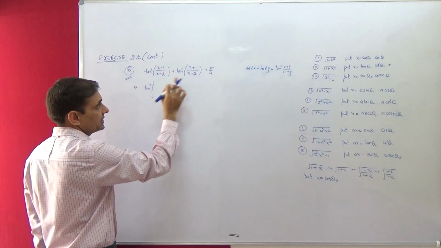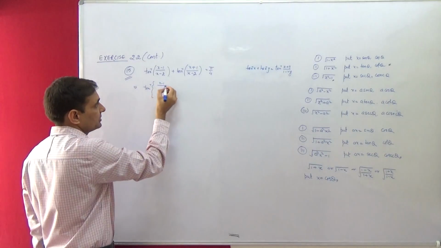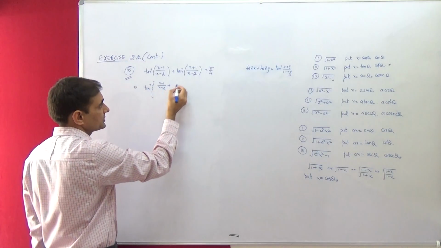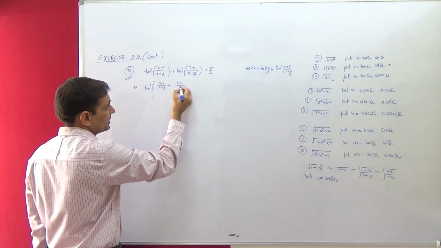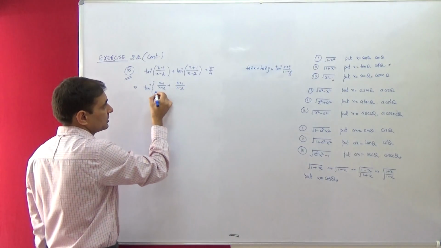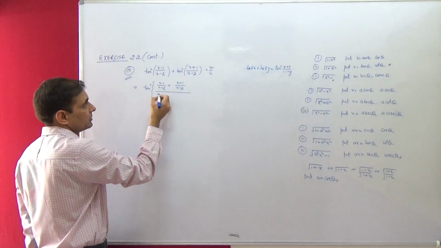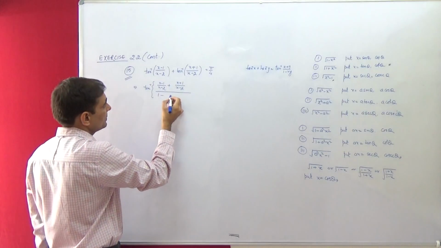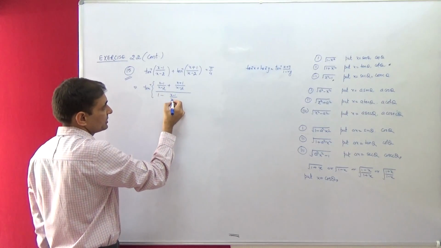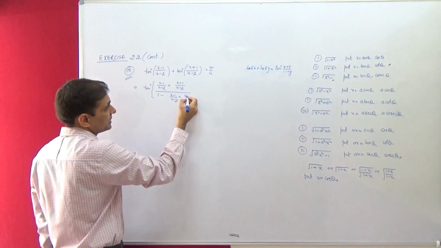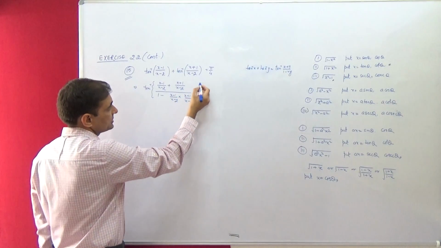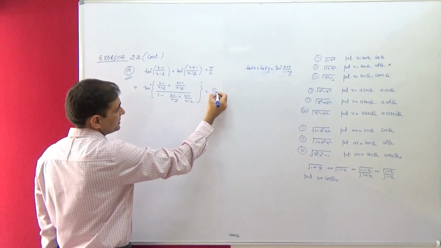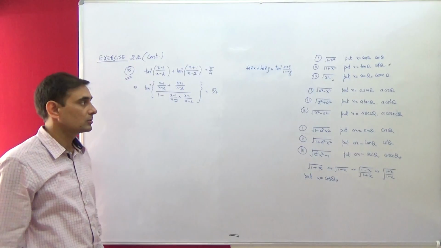So it will be x plus y: (x minus 1) upon (x minus 2) plus (x plus 1) upon (x minus 2), upon 1 minus xy, that is (x minus 1) upon (x minus 2) into (x plus 1) upon (x minus 2), and this is equal to pi by 4.